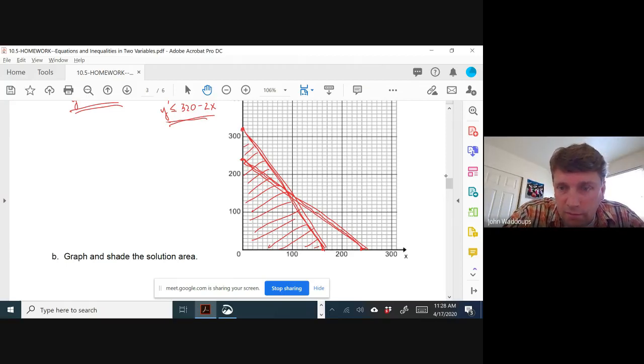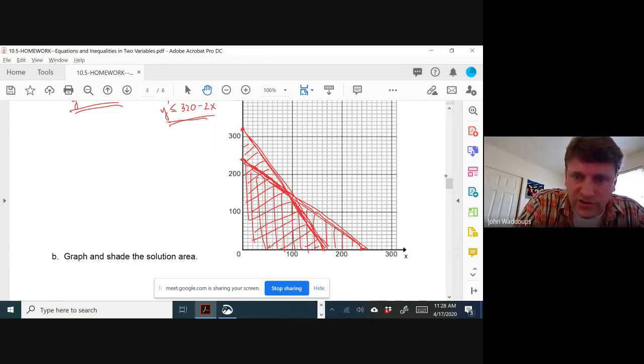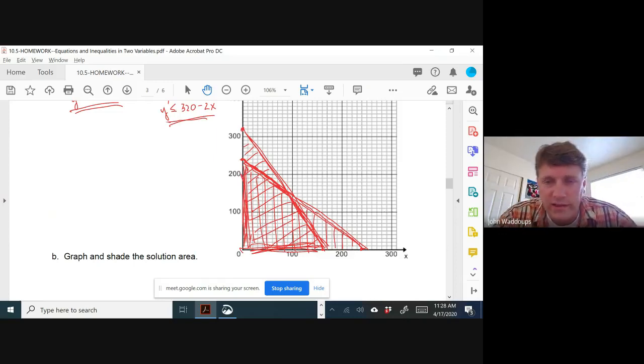And then we also shade below this line here, and then we can say that the answer to this is where they both intersect. And so that section right there would be the answer.